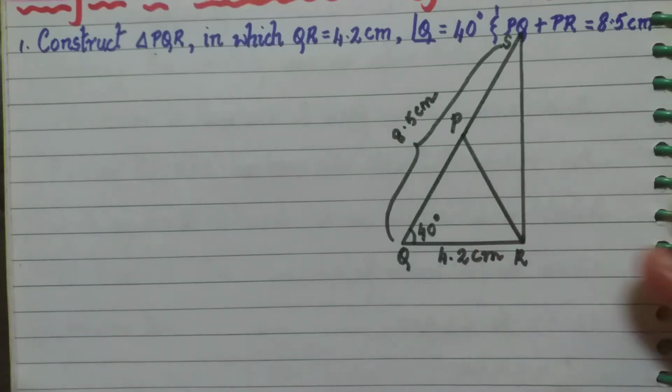So now let us see how the construction is done. First of all, here we said we take the base QR as 4.2 centimeter.